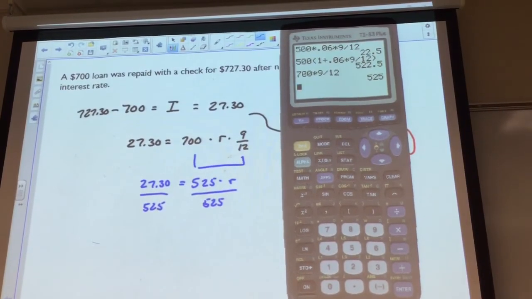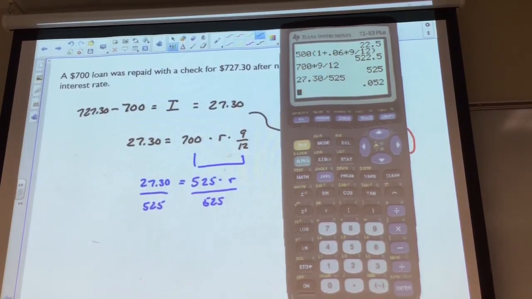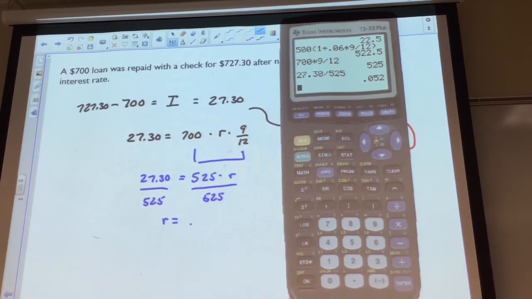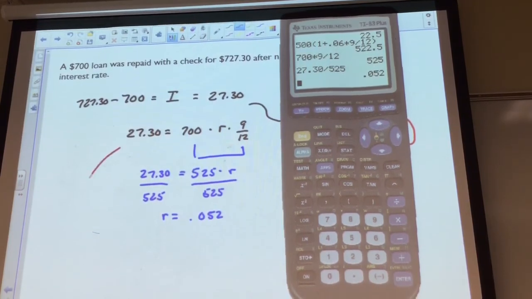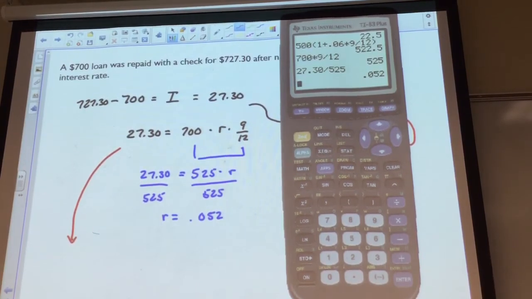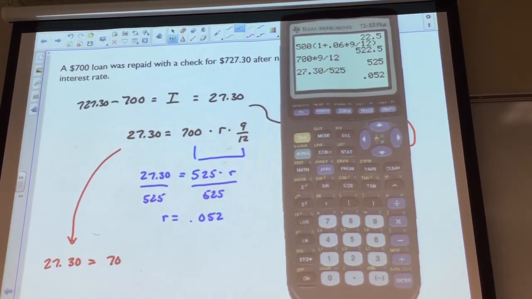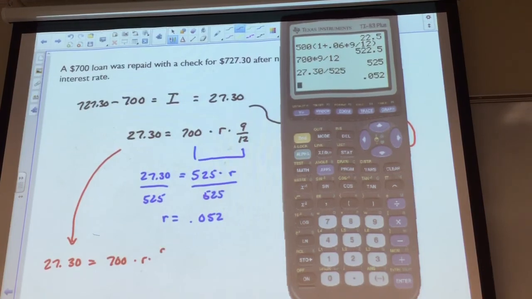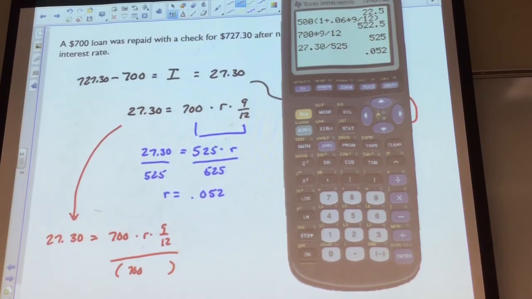So $27.30 getting divided by the 525 would tell you that you came up with an interest rate, an R value, which was 0.052. Your other option at that problem would have been to do this. Instead of doing the division problem that way, you could have taken the 27.30, the 700, the R, and the 9/12, and you could have taken this entire group.